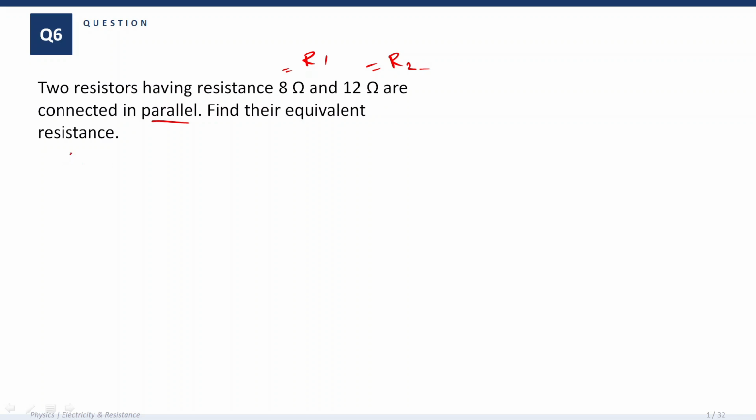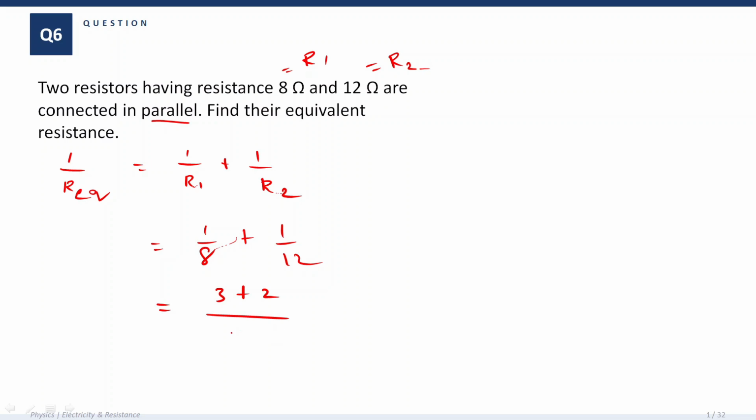So we have 1 by R equivalent equal to 1 by R1 plus 1 by R2, that is 1 by 8 plus 1 by 12. The LCM is 24, so we get 3 plus 2 by 24, that equals 5 by 24.